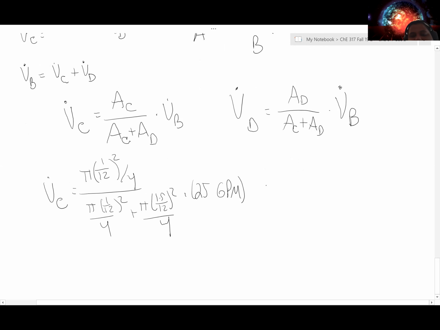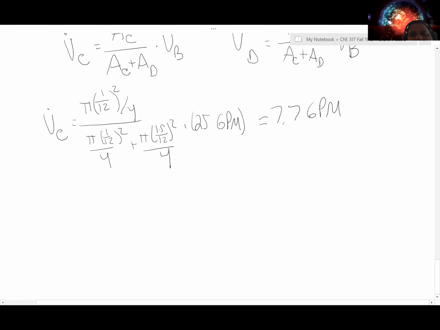If I do that, I should get approximately 7.7 gallons per minute for C, which means D is just 25 minus 7.7, or about 17.3 gallons per minute.